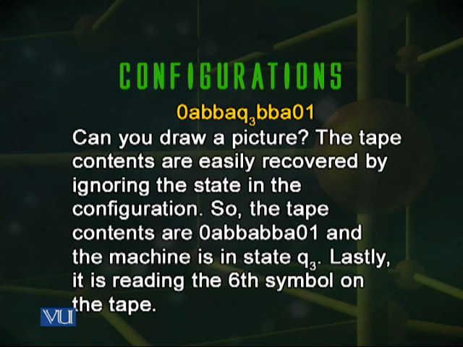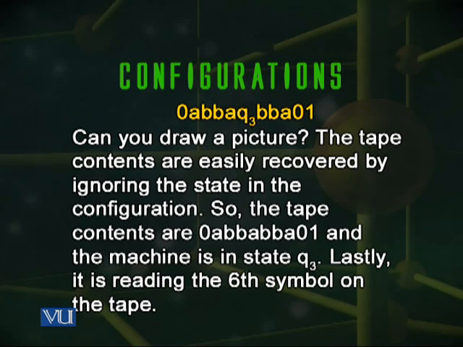So if I were to drop Q3, then I realize that what is on the tape is 0A, BBA, BBA01. And of course, the machine is in state Q3. That's also clear by looking at the configuration. Since I see only one state there, the machine must be in that state.